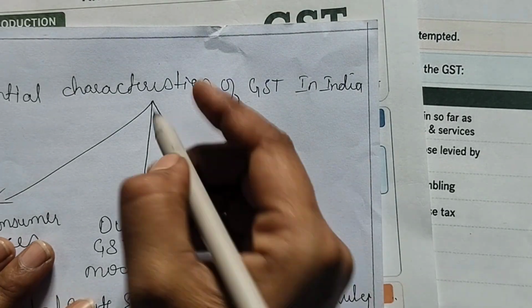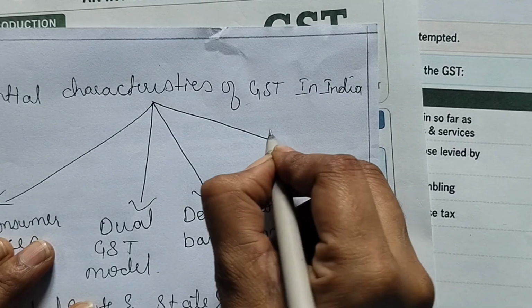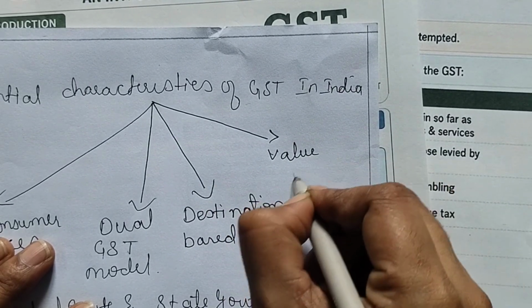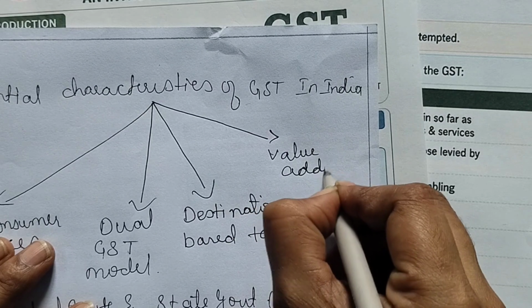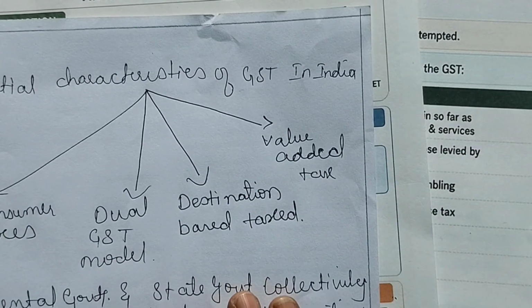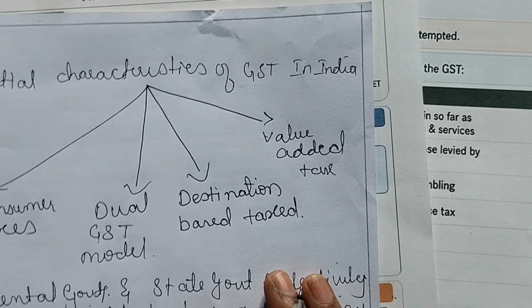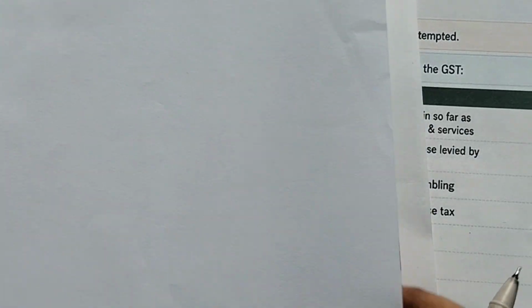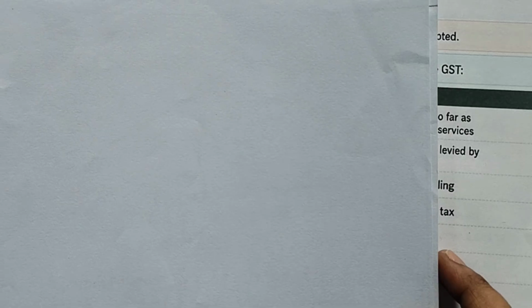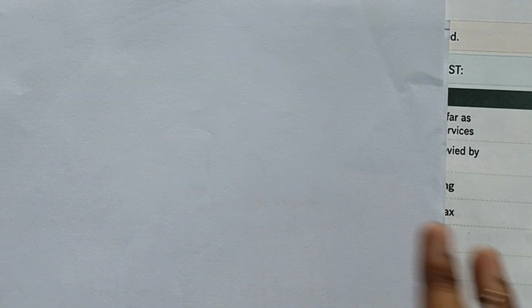Let us understand GST is also a value added tax. What is value added tax? Now, we are going to understand. See, what is a UT? A UT means one that has its own legislature equal to the states.